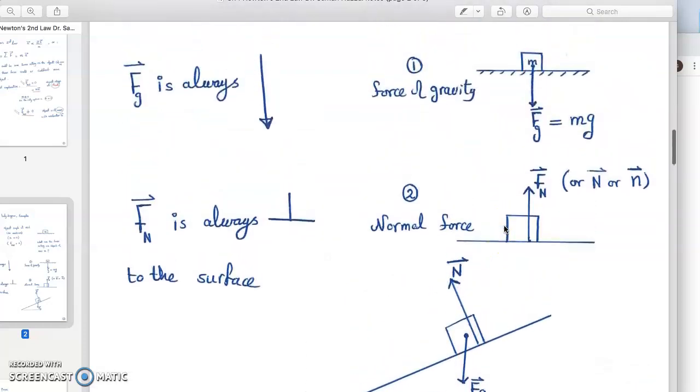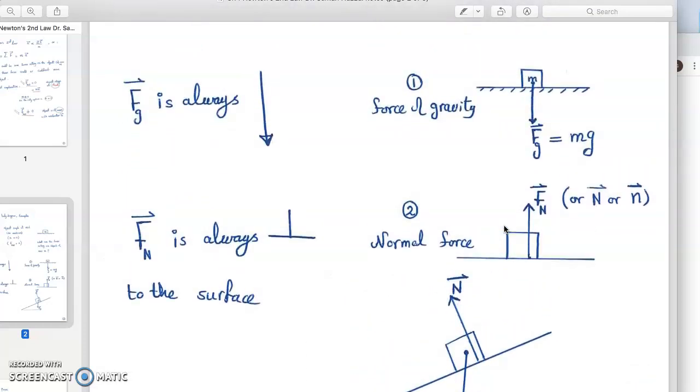And another thing, in Newton's third law of action and reaction, the force of action will be on one object, and the force of reaction will be on the other object. I recall here the example of hammer and nail. There is a force from the hammer on the nail, and there is a reaction force from the nail on the hammer.